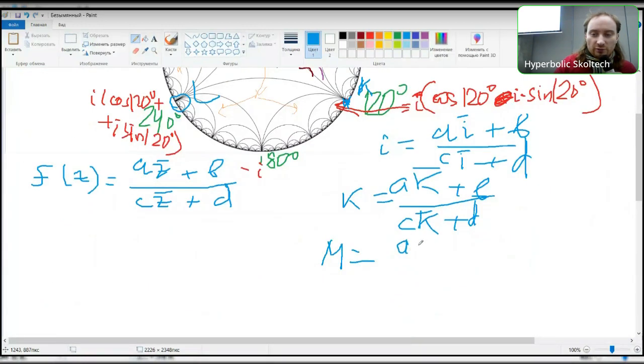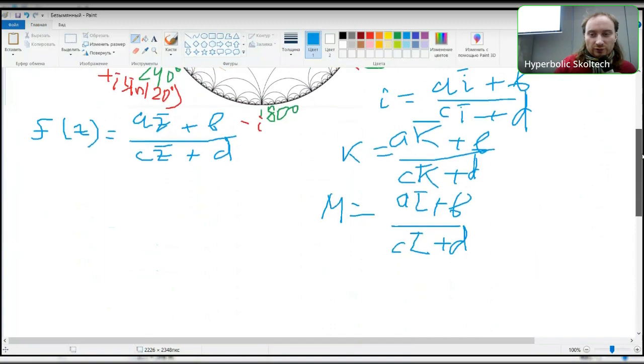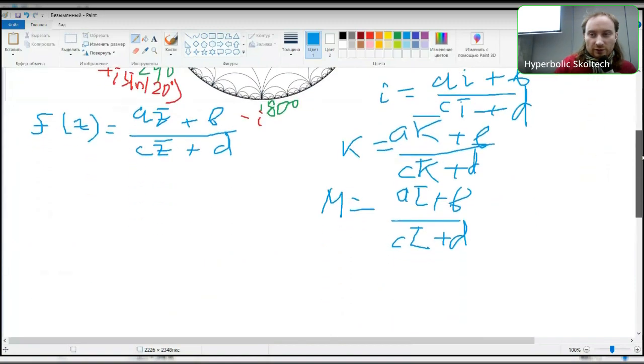So here we have M equals (A L bar plus B) divided by (C L bar plus D), and probably also for computing all four parameters A, B, C, and D, but probably we already know what it will be.